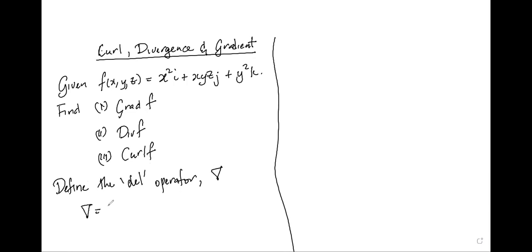We are going to define it, and then that will help us when we're defining. It's a partial derivative with respect to x of i, partial derivative with respect to y of j, partial derivative with respect to z of k.